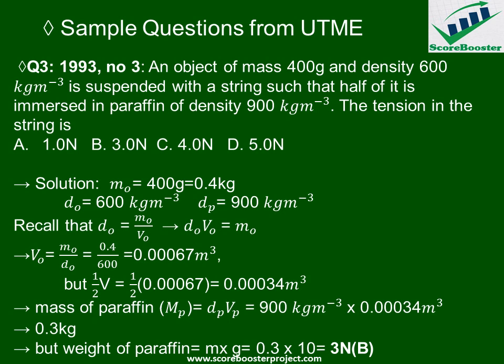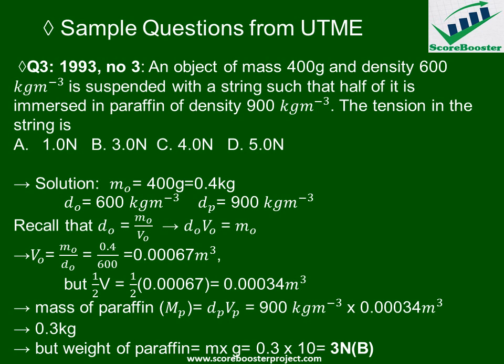Next question we shall be considering comes from 1993, number 3, and the question goes thus: an object of mass 400 gram and density 600 kilogram per meter cube is suspended with a string such that half of it is immersed in paraffin of density 900 kilogram per meter cube.